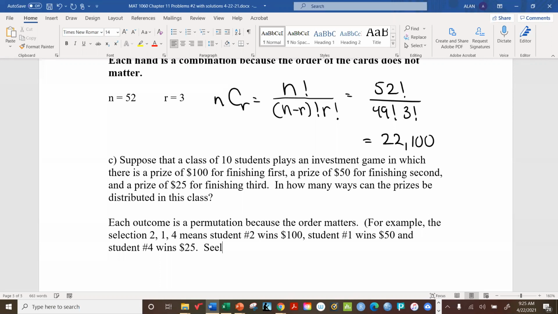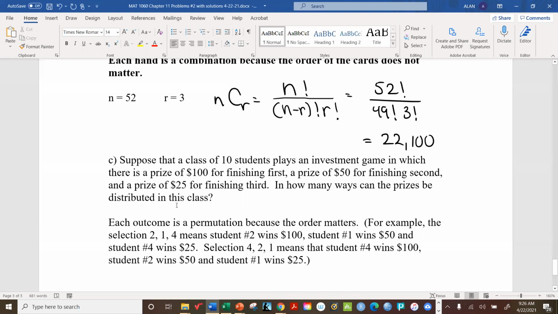Selection 421 means that student number 4 wins $100, student number 2 wins $50, and student number 1 wins $25.